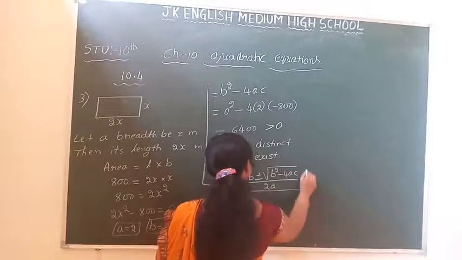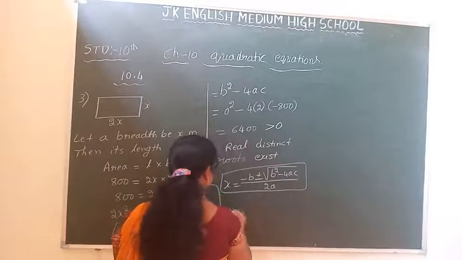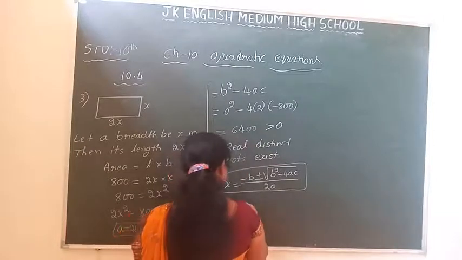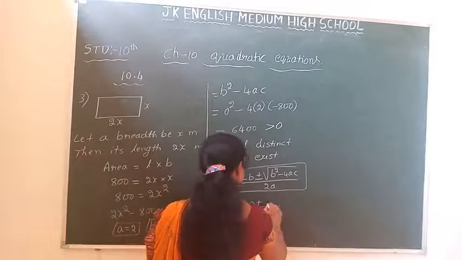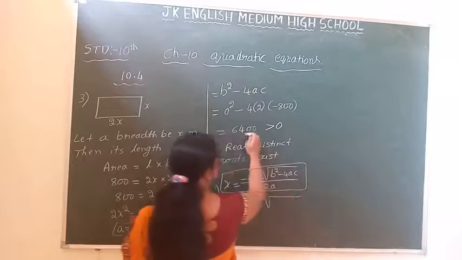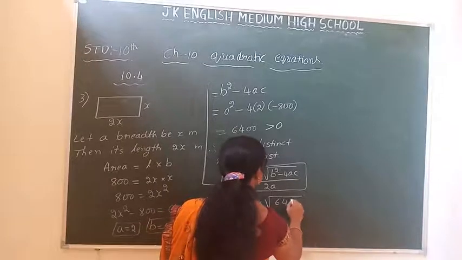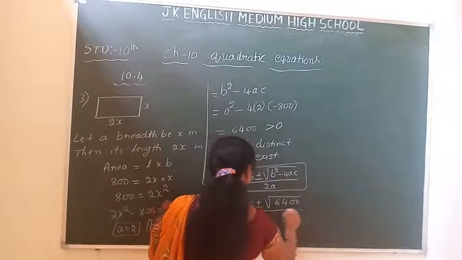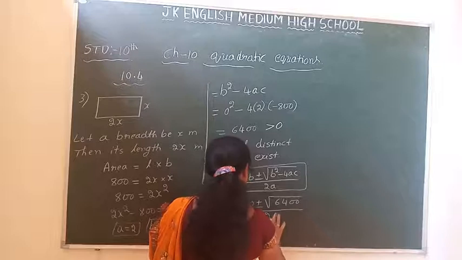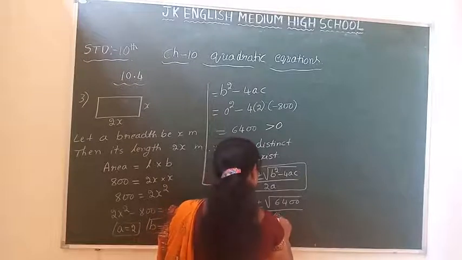So x is equal to minus 0 plus or minus square root of b square minus 4ac, after simplification 6400, divided by 2a. The a value is 2, 2 2s are 4.